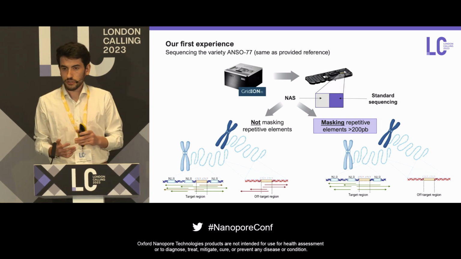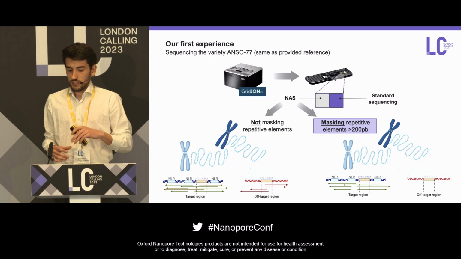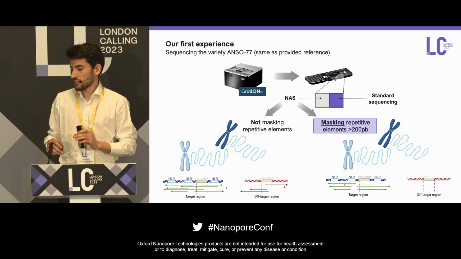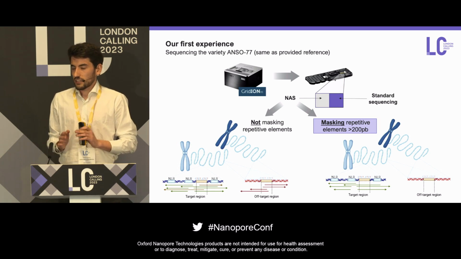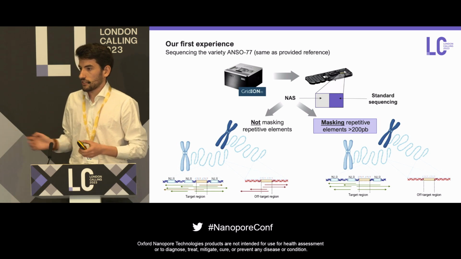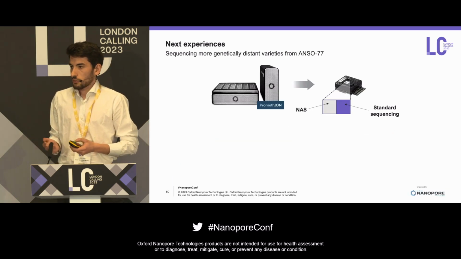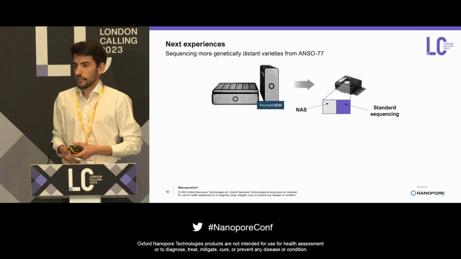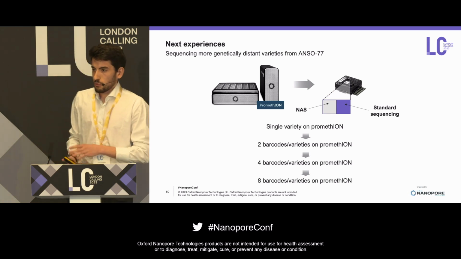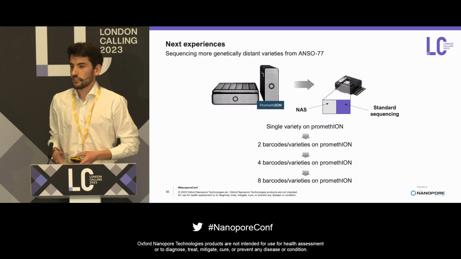We did this because we hypothesized that masking the repetitive elements contained in our region of interest will avoid having reads that start in repetitive elements that are kind of similar to the ones inside our regions, but are located off target. So once we did this first experiment, then we passed to the PromethION to generate a higher volume of data, and we started to multiplex varieties. In fact, nowadays we are doing 10 varieties in each flow cell.